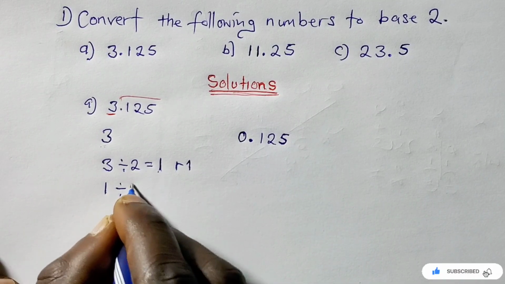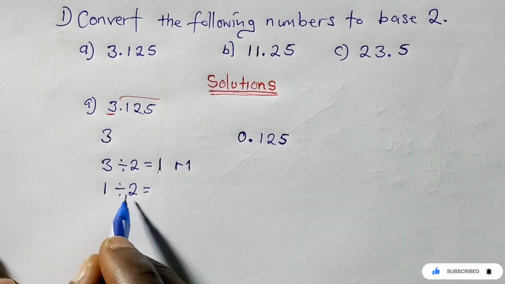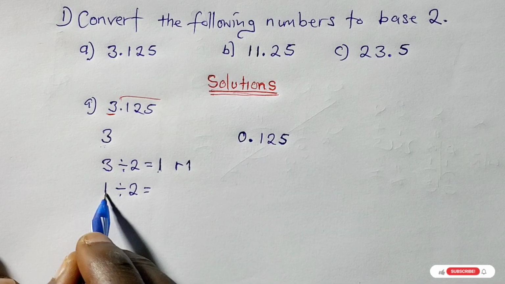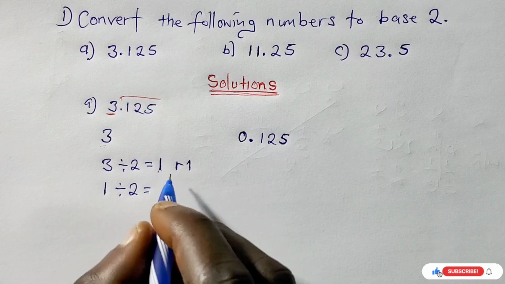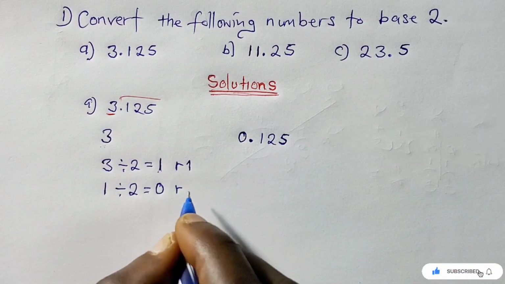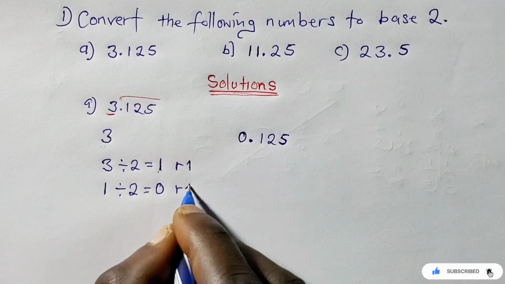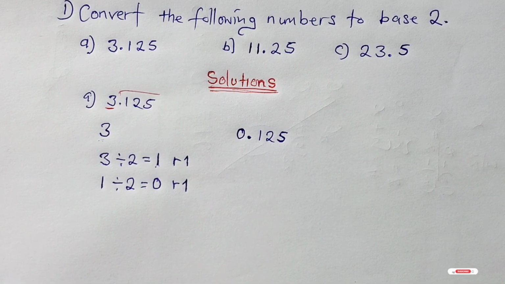1 divide by 2 always. So 2 into 1 is 0, remainder 1. Are we together? Okay?